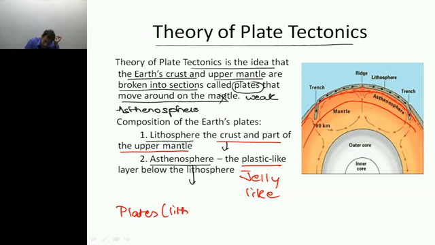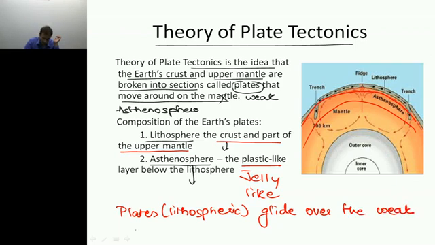The weak plates, which plates? Lithospheric plates glide over the weak asthenosphere, giving rise to different geographical phenomena, which are explained by the theory of plate tectonics.